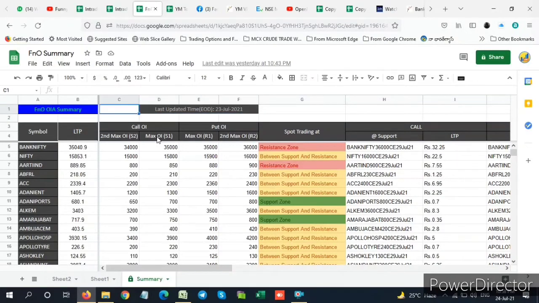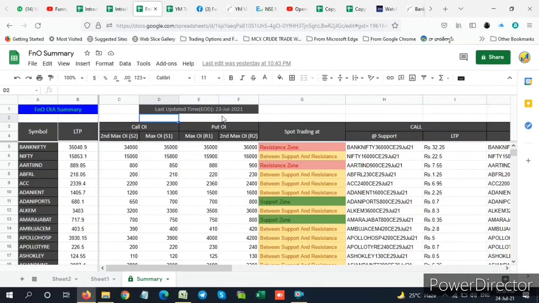Okay, I will explain you about the tool. Here it is in Google Sheet. It's last updated on EOD 23 July 2021. So yeah, today is Saturday, so Friday was the last trading day.